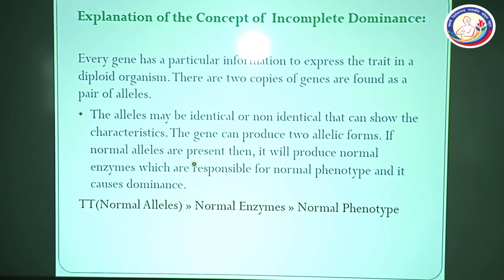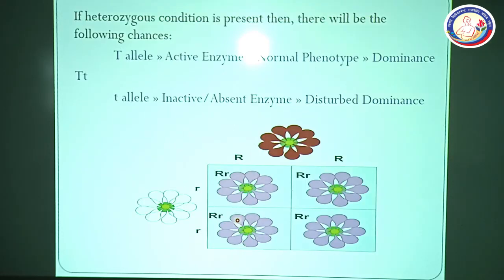If normal alleles are present, then it will produce normal enzyme, which is responsible for the normal phenotype, and it causes dominance. Suppose there is capital T, both are normal alleles, it will produce normal enzymes, and after the activity of the normal enzymes, there will be the expression of the normal phenotype.